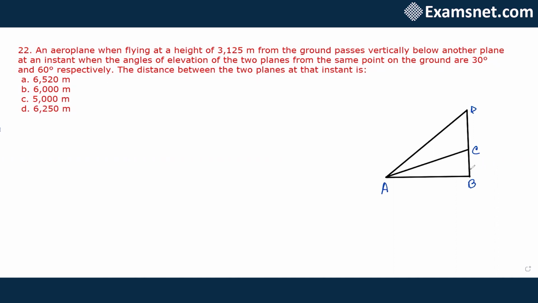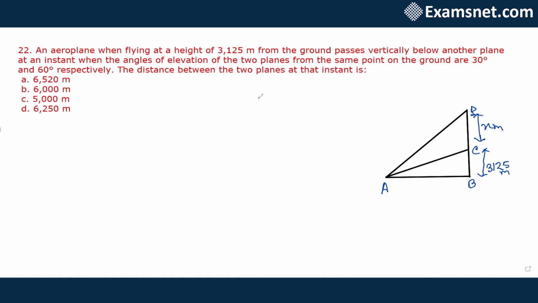So here, let's say C is the position of the plane which is flying at a height of 3,125 meter. And there is another plane on top of it, vertically at some distance, at the position D. We can assume the distance between these two planes as x meter.